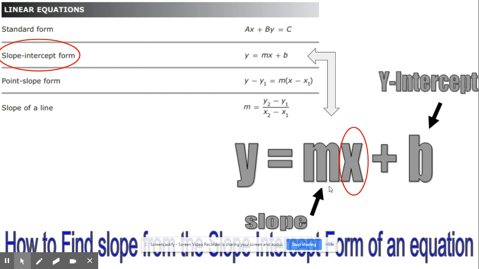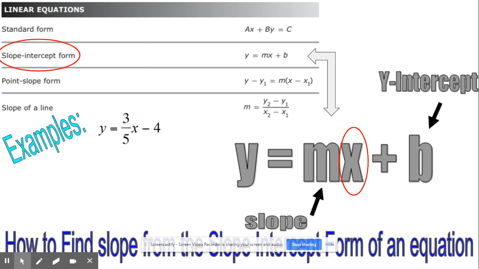Your b tells you how to move. Your b is the constant, and that's your y-intercept. When you're graphing, that tells you where to begin. So this tells you where to begin, and this tells you how to move. And as you plug in, you get coordinates, and that's how you know what coordinates fall on your line.